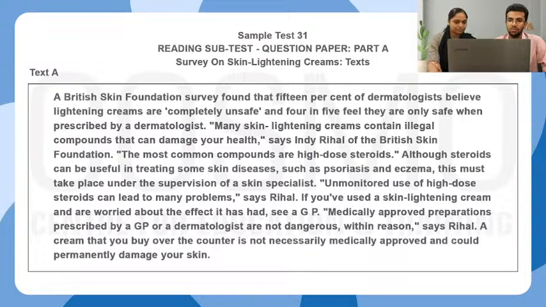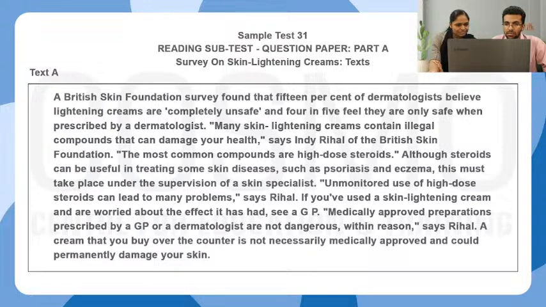Okay, so the first keyword would be high dose steroids. In the fifth line of text A, high dose steroids or simply steroids. Then skin lightening creams just above that.